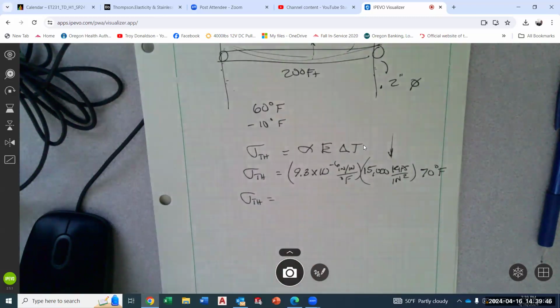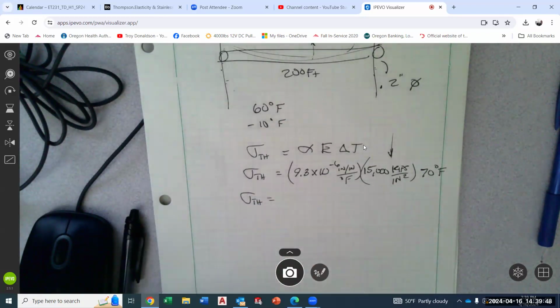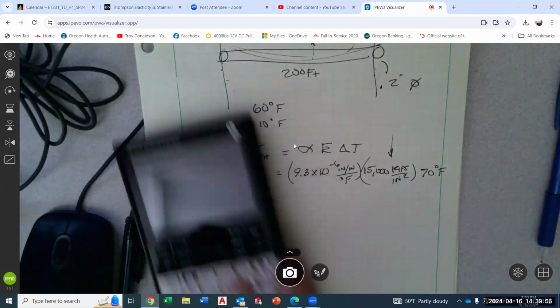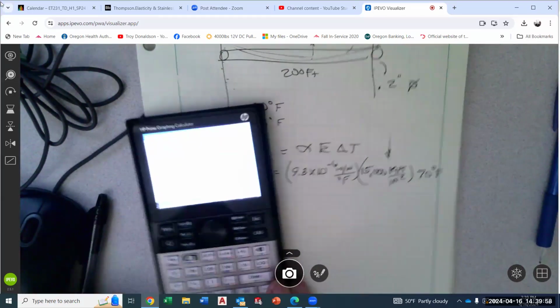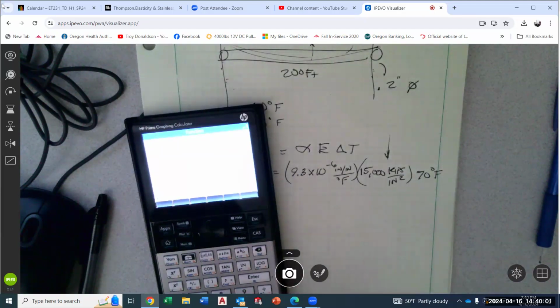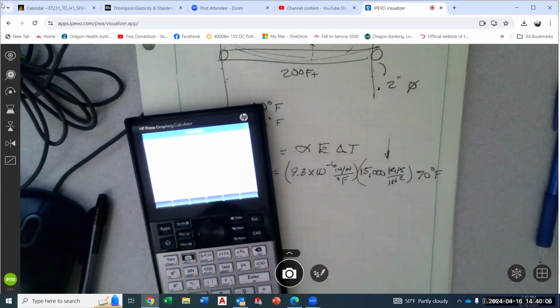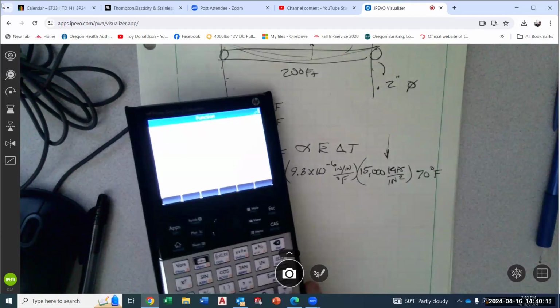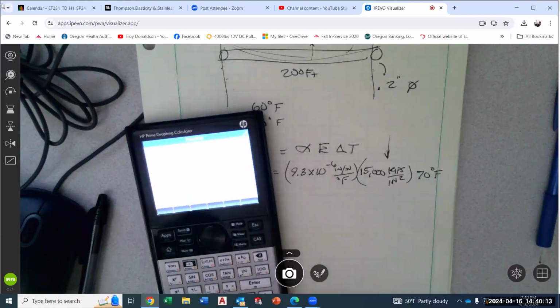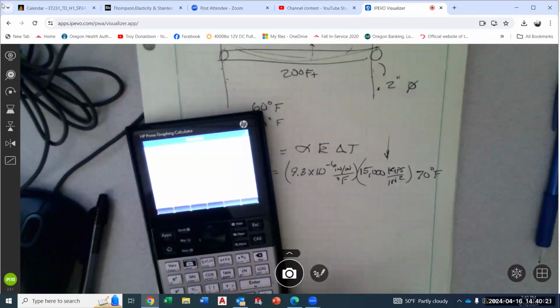All right, let's see if we can crunch this number. 9.3 e to the -6. So that's how you put it in HP. Oh, you can't really see it. No, you can't see it at all, can you? Sorry about that. Anyway, 15,000 times 70.